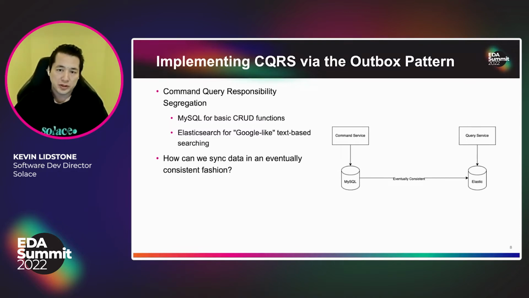I can't just type in a word and search across all fields in the database, but I can do that using Elasticsearch. So this is where our query service is backed by an Elasticsearch database. But the challenge comes in how do we keep the data in sync between the MySQL database and the Elasticsearch database? We're going to do it in an eventually consistent manner, but we need the right pattern in place to ensure that we're guaranteed to do that. And that's where the Outbox pattern will come in.